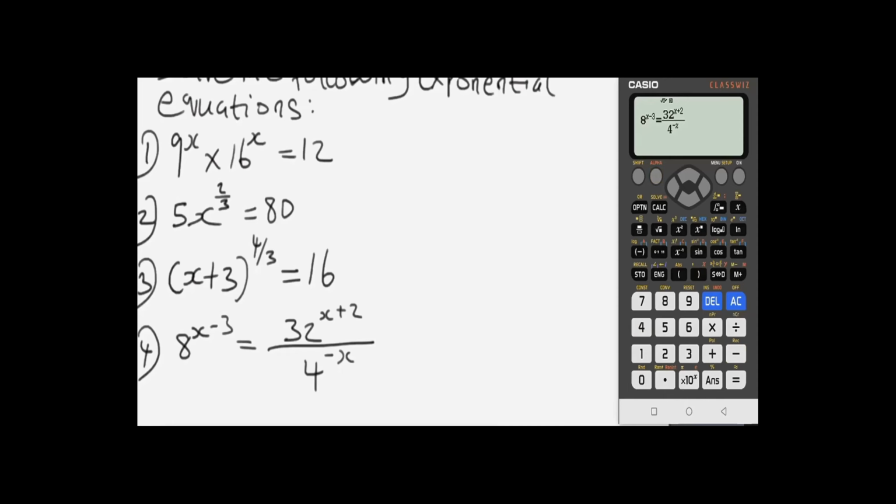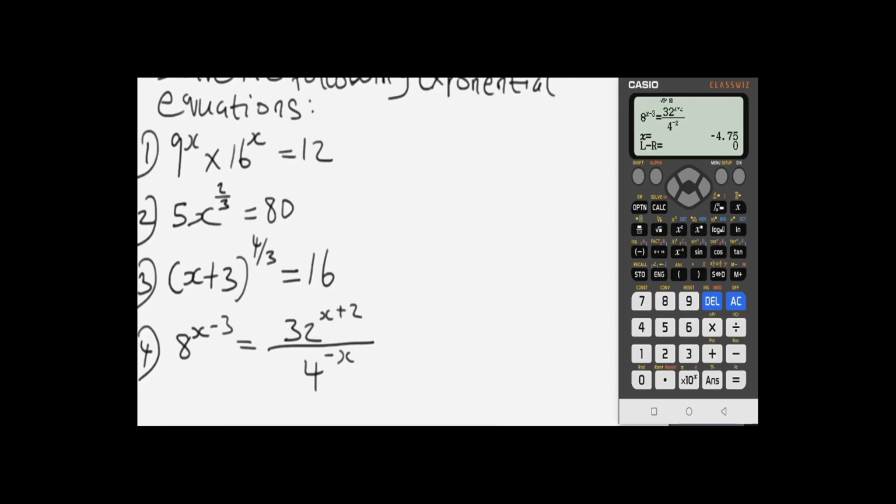So that's it, guys. Let's press shift and calc now. Assign x to be 0. So press equal to again. And solving it. So we have x to be minus 4.75. So it's as simple as this.